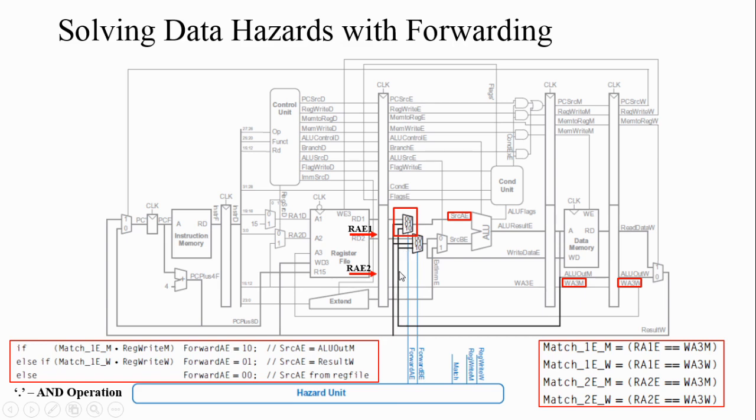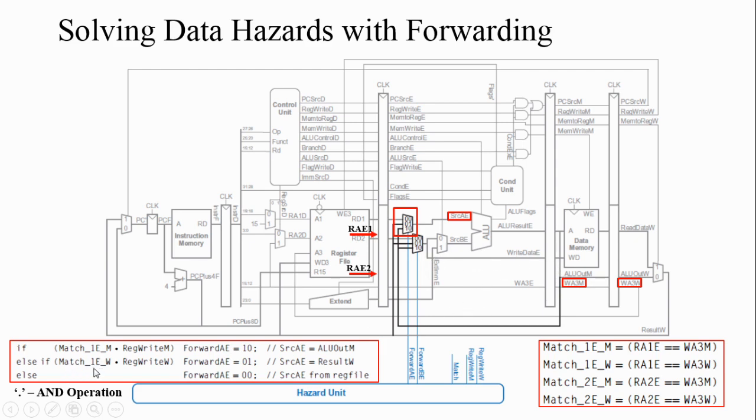The third input is coming from the memory stage. So if 1EM, that is the memory stage, and the register write for the memory stage are both set, then ForwardAE is 10. That means the ALU will be getting input from the memory stage.